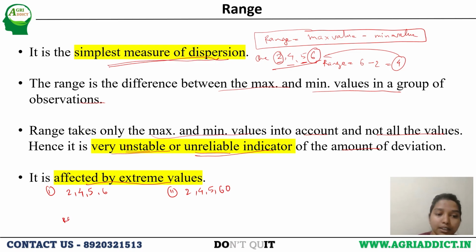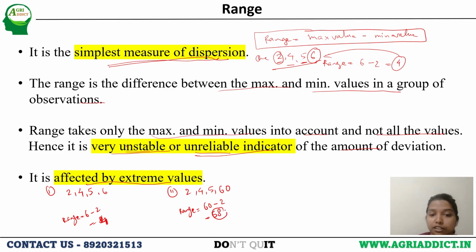For this we have to calculate range. So it will be 6 minus 2, it will be 4. Sorry. And here to calculate range, we have to take the maximum value, that is 60 minus 2, that will be 58.